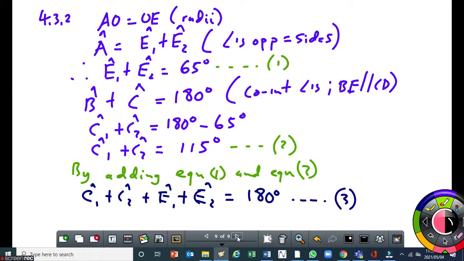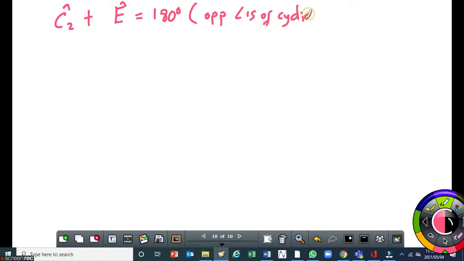So on the next page, I'm going to say angle C2 plus angle E will give me 180 degrees, and that's opposite angles of a cyclic quad. Okay, but be aware that angle E is made up of 3 angles.